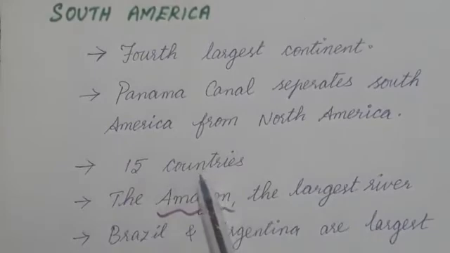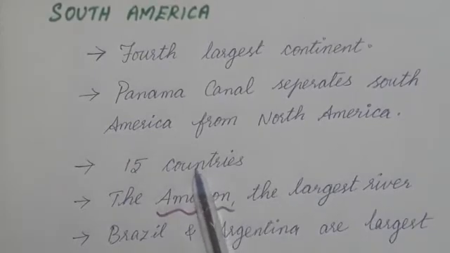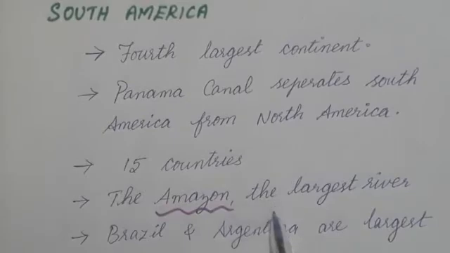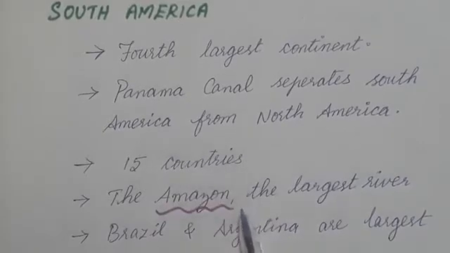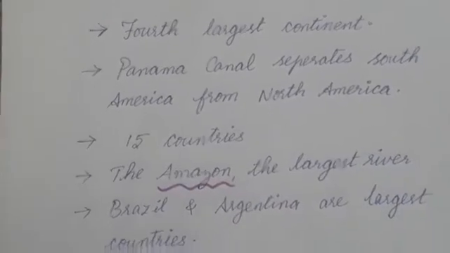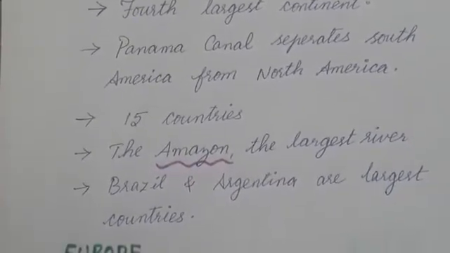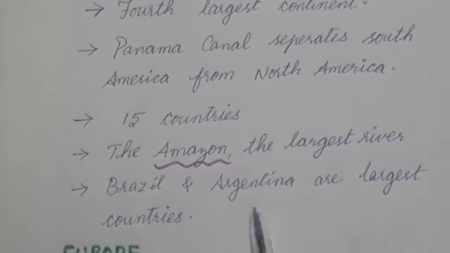And how many countries are there in this South America? 15 countries. Here, the Amazon River, that is the largest river in the world, is in this continent. Which are the largest countries in this continent, South America? Brazil and Antarctica are the largest countries in this continent.